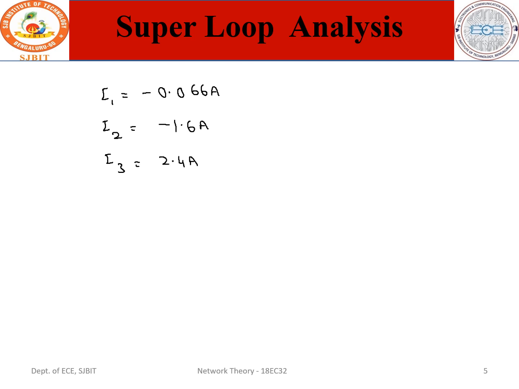We have to find out the current flowing through the 2 ohm resistor, and in this problem there are 2 ohm resistances. Therefore current flowing through the 2 ohm resistance is equal to I3, that is equal to 2.4 amps.